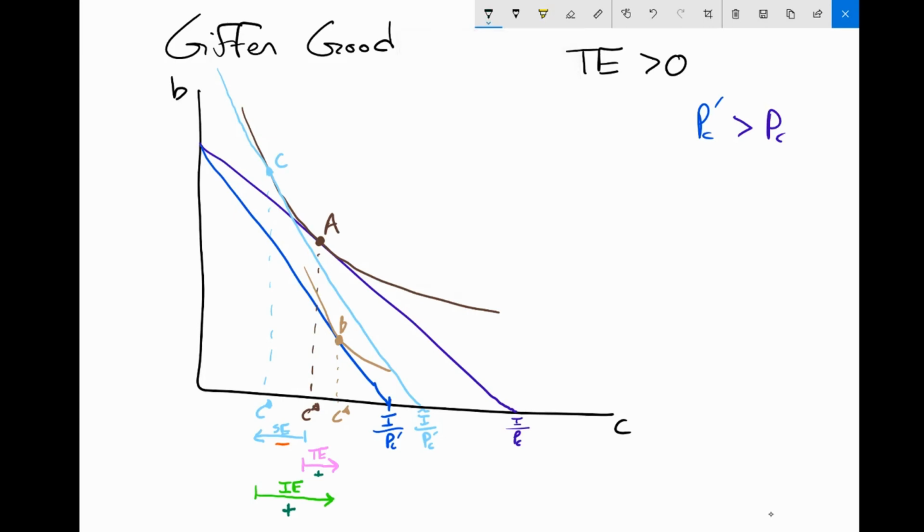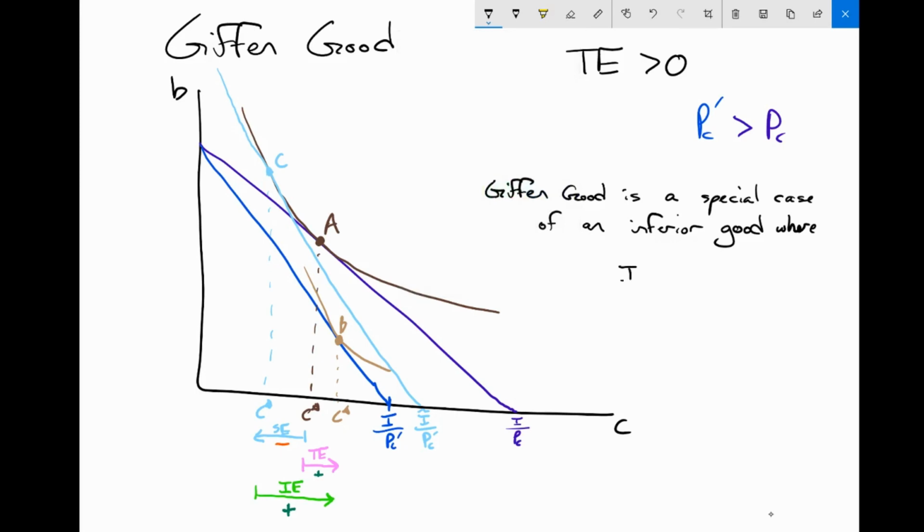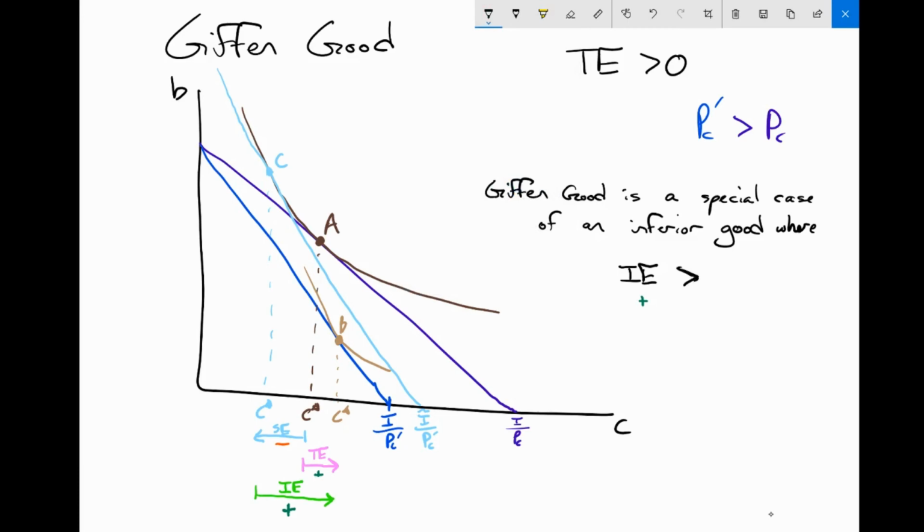So a Giffen good is a special case of an inferior good, where the income effect is positive, because it's an inferior good, and where the absolute value of the income effect is greater than the absolute value of the substitution effect.